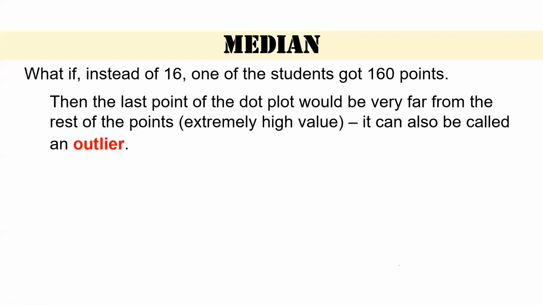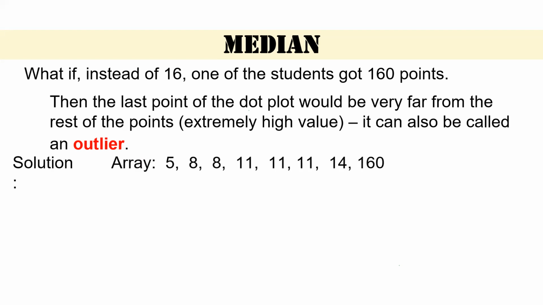And these extreme values are what we call outliers. Outliers are extreme scores, meaning extremely high or extremely low scores, and they are usually different from the majority of the numbers in the set.